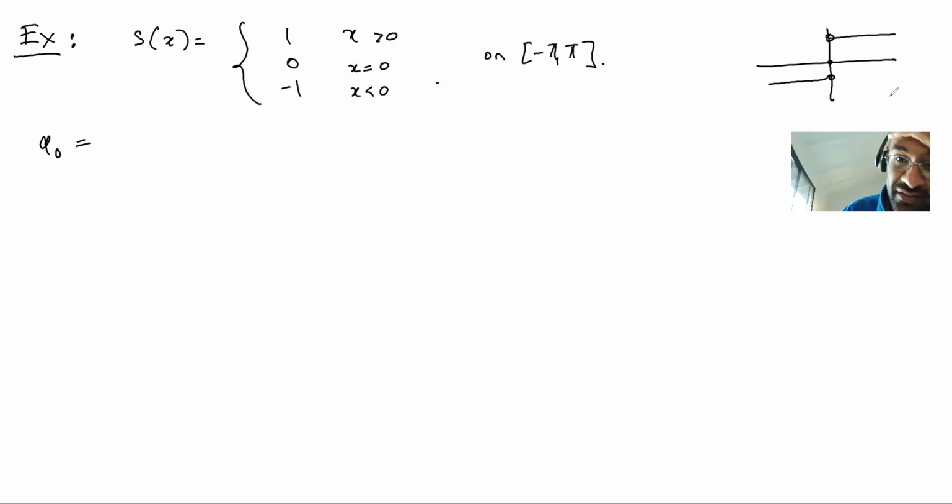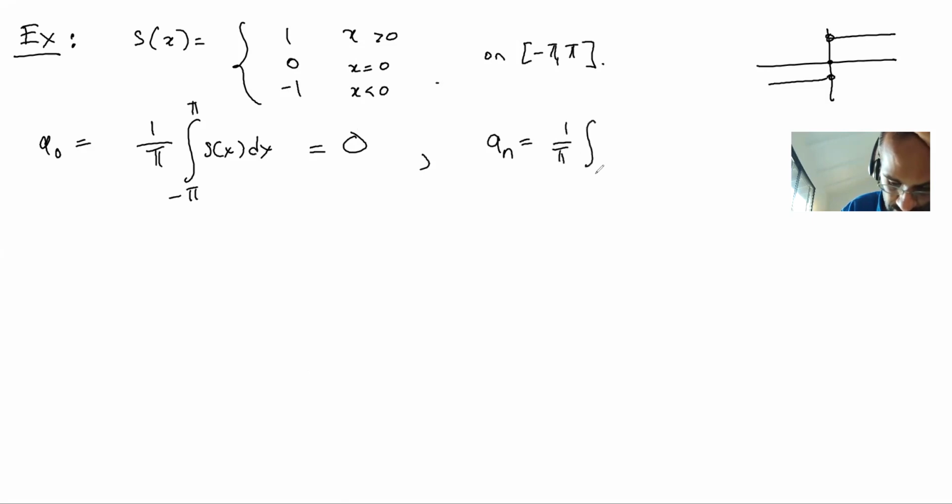So a naught, I mean, it has a formula, right? Well, that's just going to be 0. We don't even have to do the computation because it's odd. So if it's odd, all the cosine coefficients are 0, because this is odd. So no computation required.